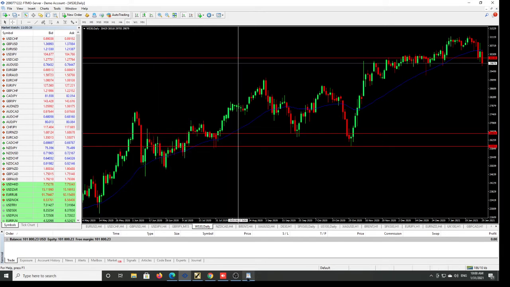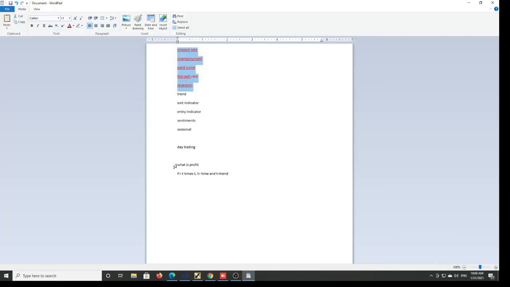So that's why somebody asks about what is profit. Well, profit is whatever you close your trade off, and he was asking what is then, I define profit as time times time. Where the first T is the time and the second T is the trend.